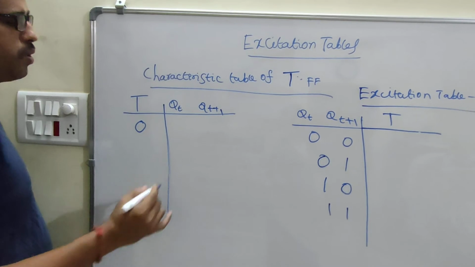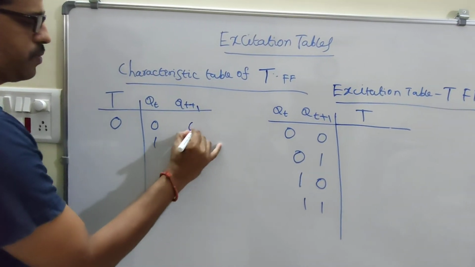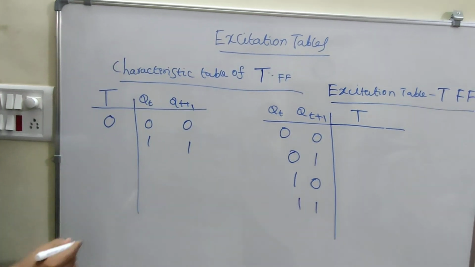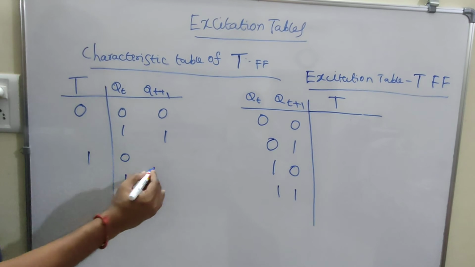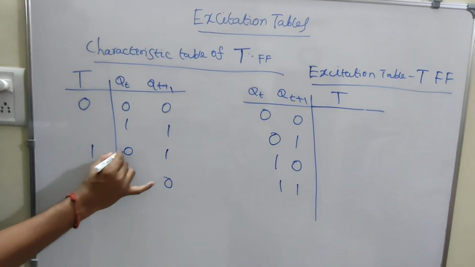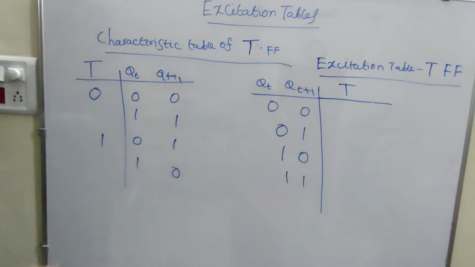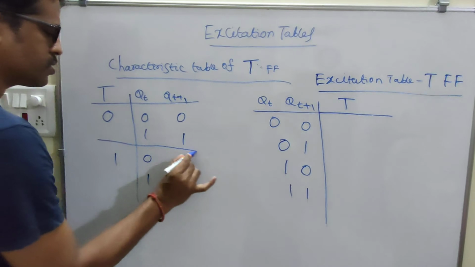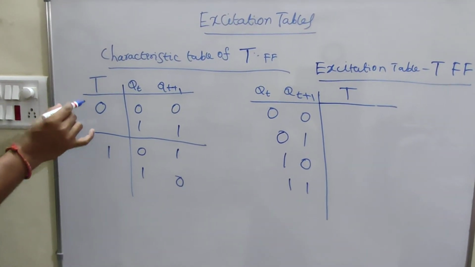So when T is 0, no change of state in terms of the characteristic table. So 0, 1 means the next state is also 0, 1. When T is 1, the flip-flop moves on to the toggle state. That is, when the present state is 0, the next state is 1. When the present state is 1, the next state is 0. Okay, so these are the two input combinations for the T flip-flop.